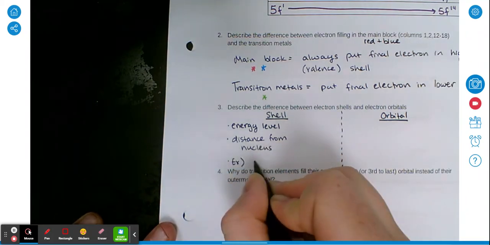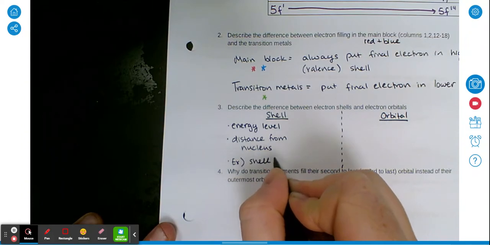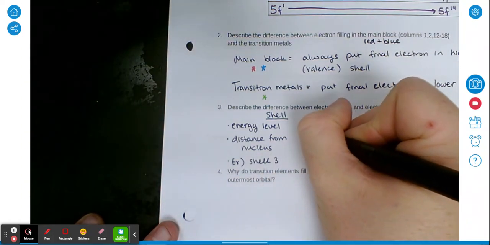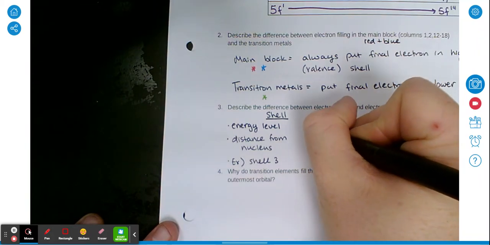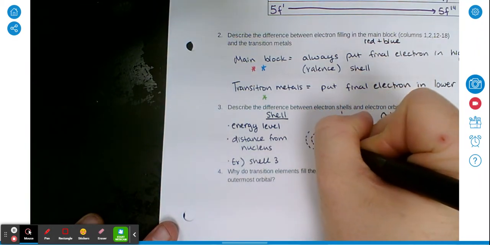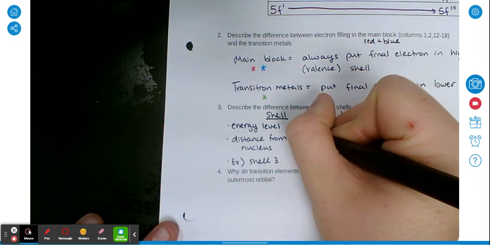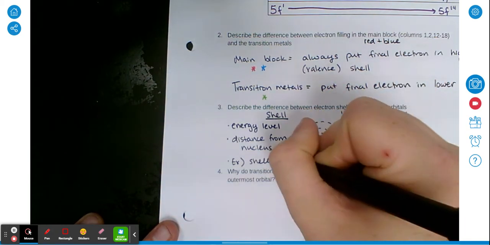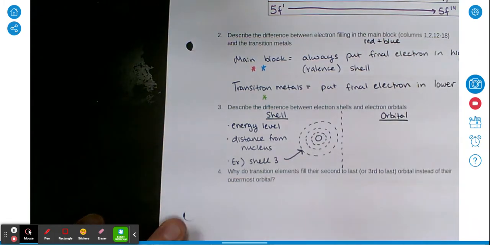So, for example, shell 3 would be a nucleus with 3 rings. So a shell is an energy level which is distance.